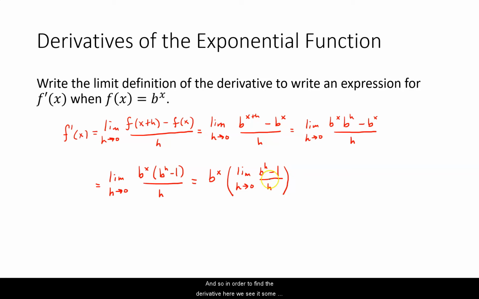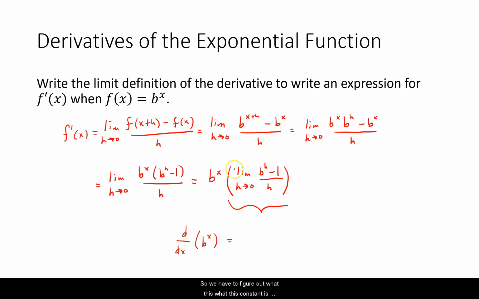And so in order to find the derivative here, we see it's some value multiplied by b to the power of x. So what we've seen here is that the derivative of b to the x is going to be some constant, found by evaluating this limit, times b to the x.